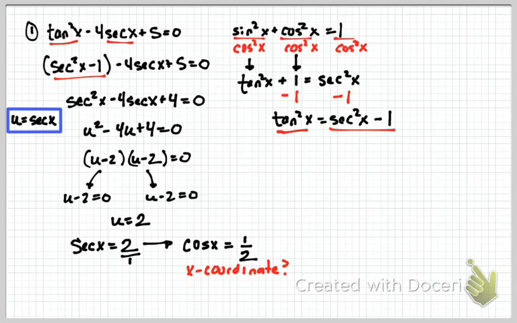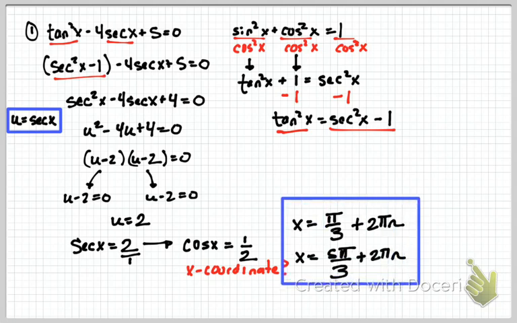There are two places where this exists. X will equal pi over 3, and x also equals 5 pi over 3. But we're solving for all values of x, so we need to add a 2 pi in to the end. And those will be your values where it works.